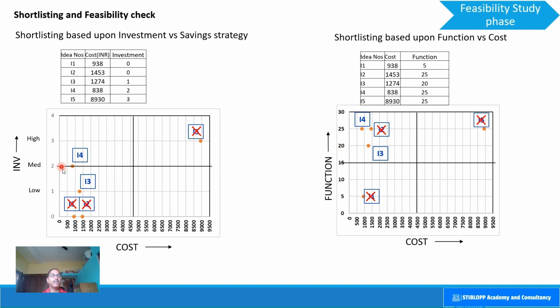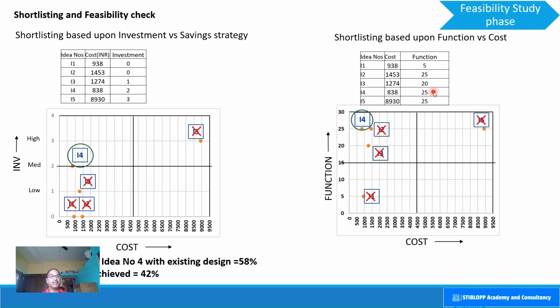Even though the investment is high as compared to idea 3, we can get this investment back during a certain payback period. So we eliminate idea 3 and shortlist idea 4. Idea 4 is having 838 cost, and the function is not at all disturbed, so we go with this one.